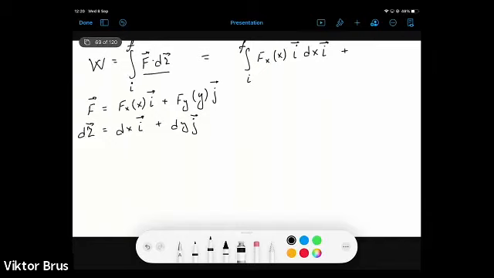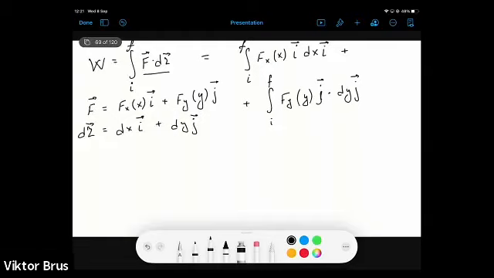Then we have additional component from initial to final point, which is along axis y. Fy times j unit vector times dy times j unit vector.